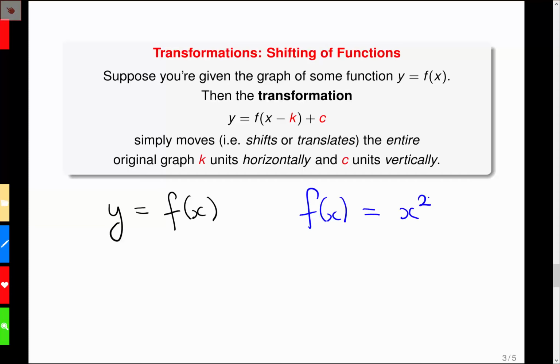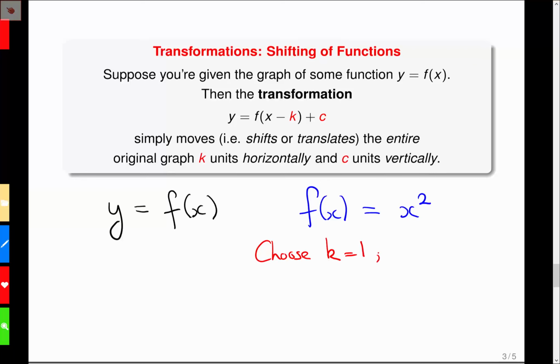Being the simplest quadratic function possible, you should be able to sketch this function without many problems. Now, choosing k to be 1 and c to be 2, we're going to transform this function in accordance with the above theory.